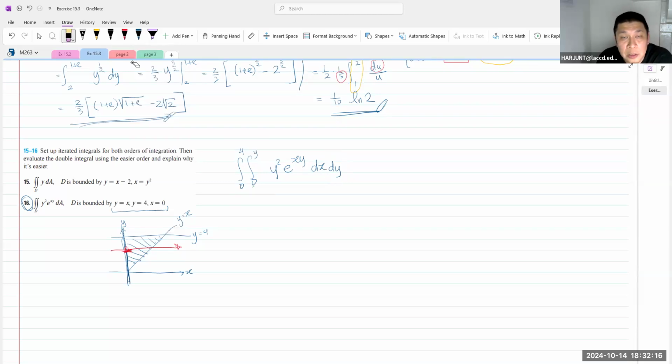The other option is the integral of dx from 0 to 4.